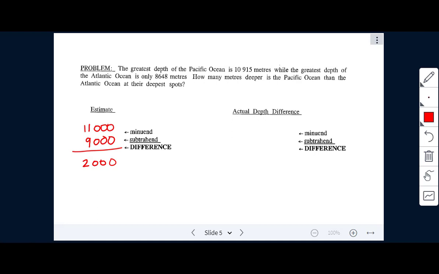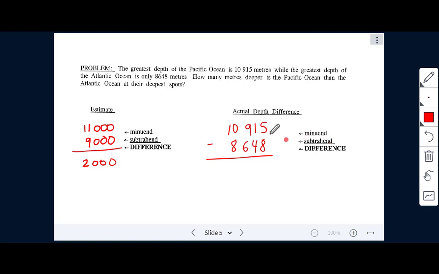So we have the actual numbers, 10,915 minus 8,648. All right, so we have to do some borrowing here. Hopefully you guys remember how to borrow.